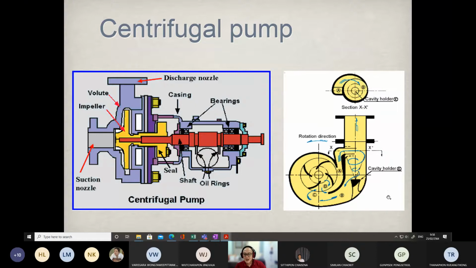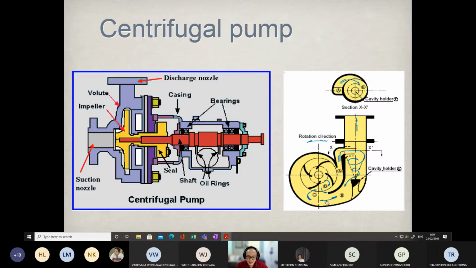In these pictures, this one is the impeller, and this is the casing. The impeller is installed inside the casing. Water enters the casing in the axial direction, and due to the centrifugal force, the liquid is pushed to distribute and then touches the walls of the casing.